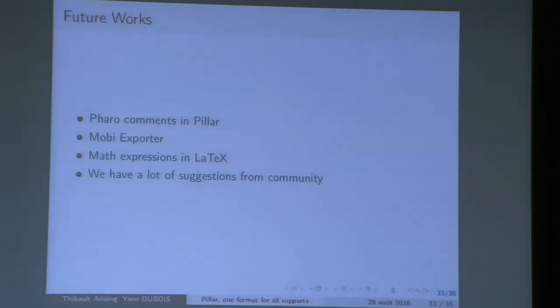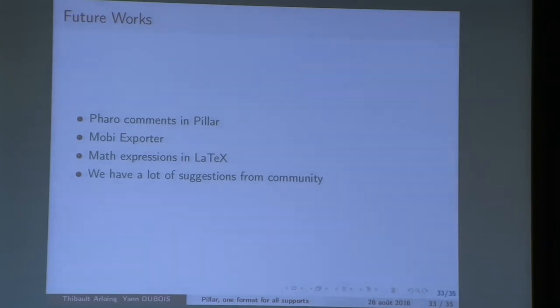So to conclude, we have future works. We have a to-do list, a large to-do list. The main project is doing the Faro comments in Pier to have really good Faro comments, because actually the comments are, I think, really sad and we don't want to read them.